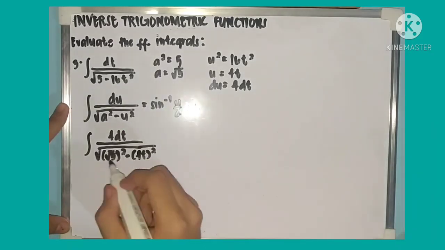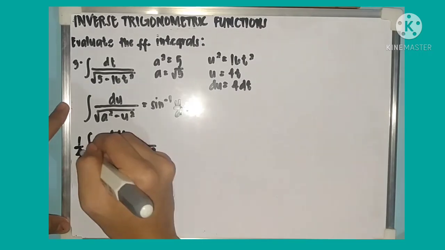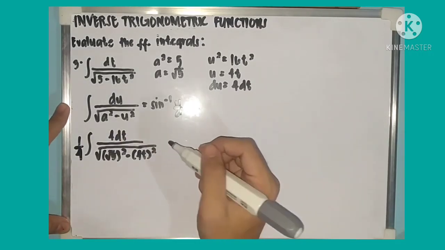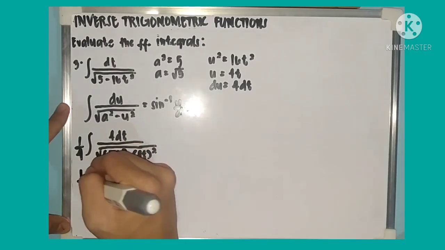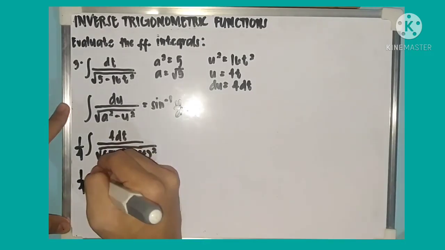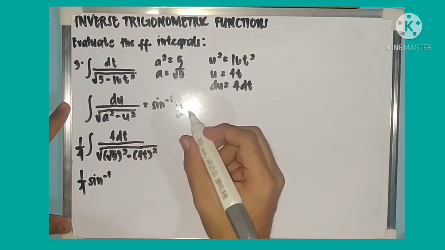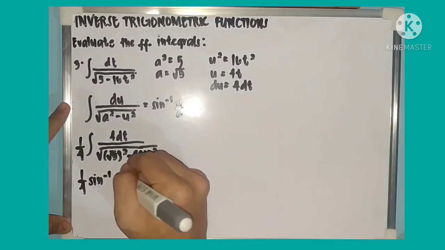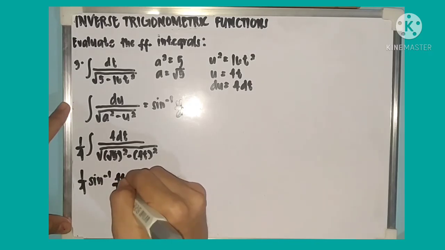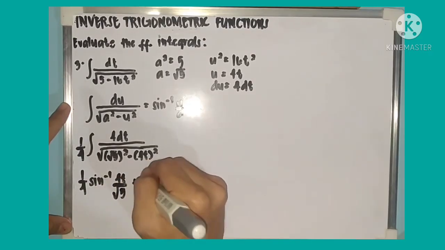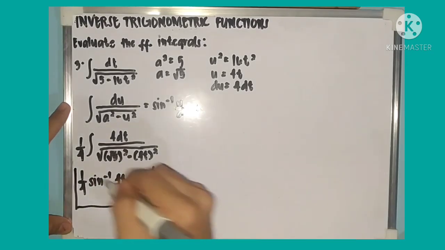And then, para mabalance tong equation na to, mag-multiply tayo ng 1/4. And then, apply na natin yung formula for arcsine. So, copy lang natin tong constant na 1/4 times arcsine times u over a, which equals to 4t over square root of 5 plus c. So, this is our final answer for problem number 3.